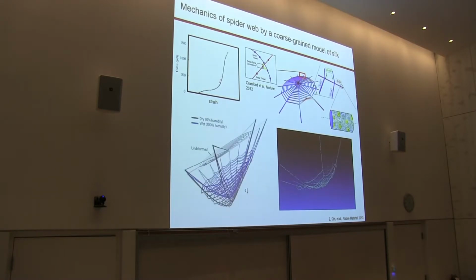For example, I can use the atomistic model and see that once I increase the humidity or water content in the material, it will be stiffer. This process is called supercontraction. So it actually makes the silk material stiffer than the dry state. But by using this model, I can quantify how much it might affect the deformation once the silk gets supercontracted.